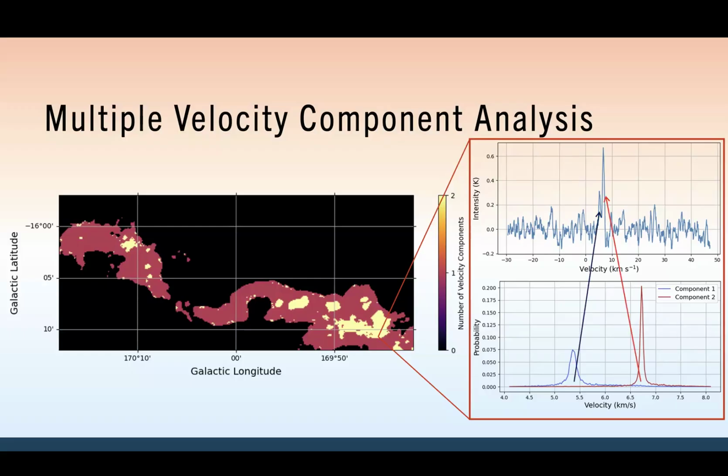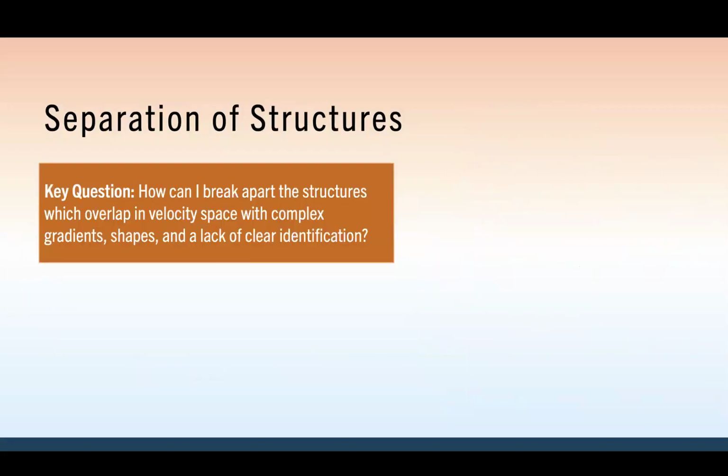The higher intensity component, which is at a slightly redder velocity, is a lot better constrained. It's higher signal to noise. We can much more clearly identify those 4 hyperfine groups. But the bluer velocity clump there is less well constrained. The posterior distribution peaks at a lower probability, and it's a little bit wider because it's at a lower intensity and we can't see the hyperfine structure from the noise quite as well.